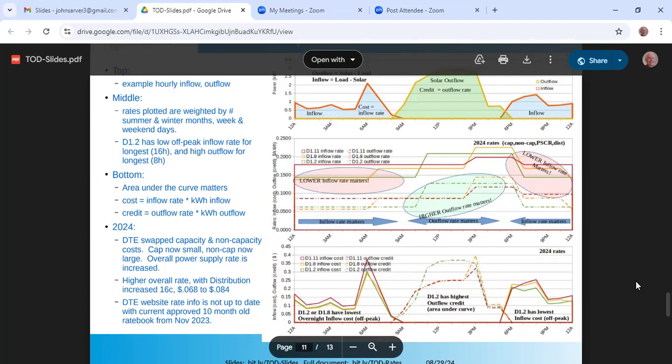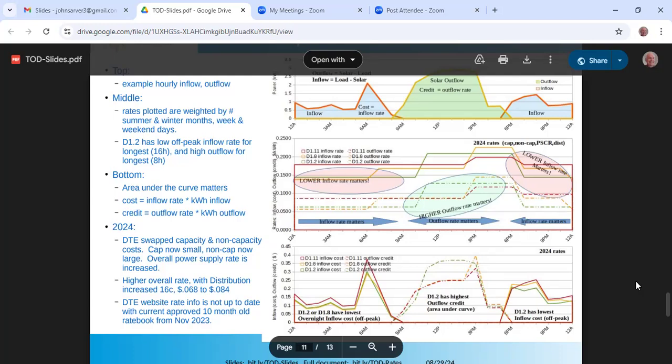The default one has only 4 months. So this is a way of just comparing apples to apples, all the rates, without getting into so many details of is it summer or winter. So the summer rates are higher than this line, the winter are a little bit lower. But if you make this simplification just to make a more basic comparison, that's what's plotted here.